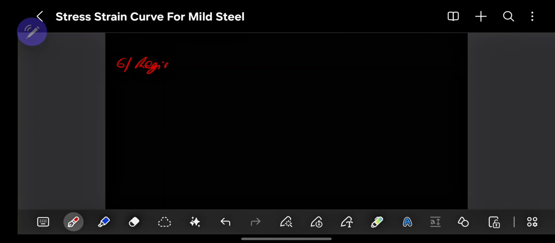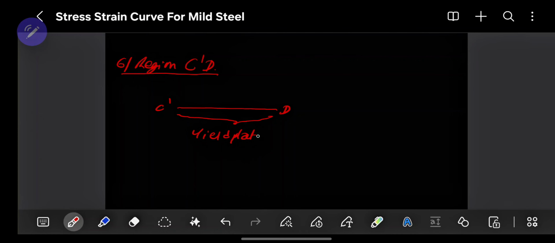Now moving on to the region C dash to D. Here we can simply draw this as a straight line, and this is known as the yield plateau.